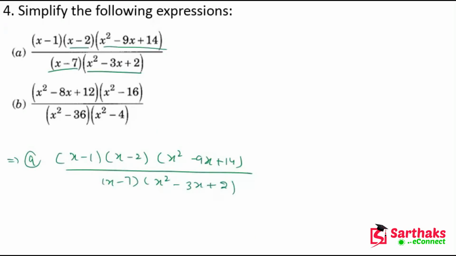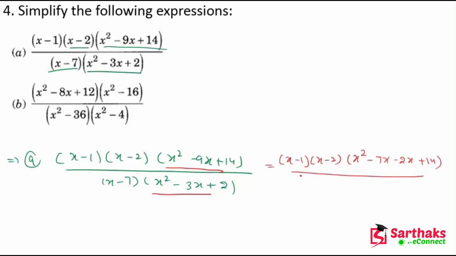Now we have to find the factors of this expression and this expression. This is very easy. We have to split the middle term. So we can write it as x minus 1 into x minus 2, and x square minus, splitting 9x as minus 7x minus 2x, plus 14, divided by x minus 7, and then x square.